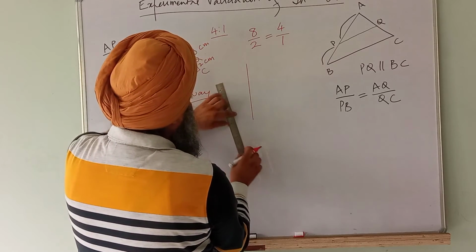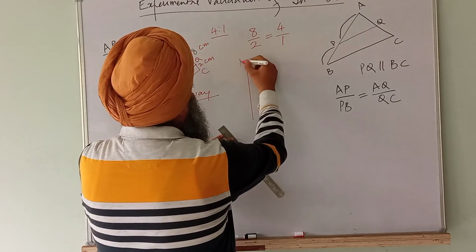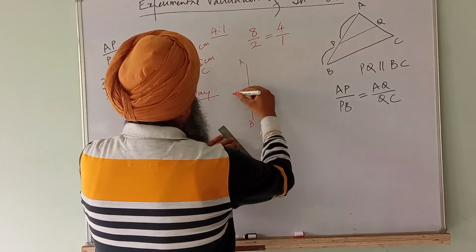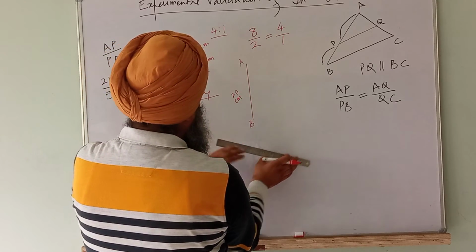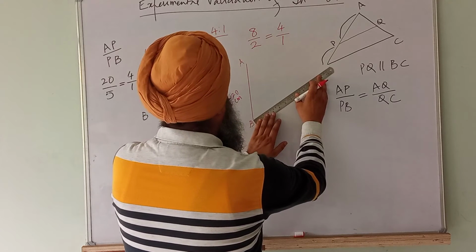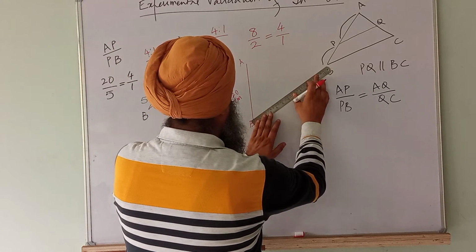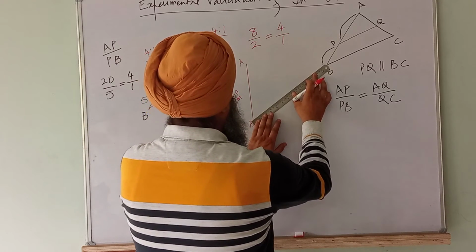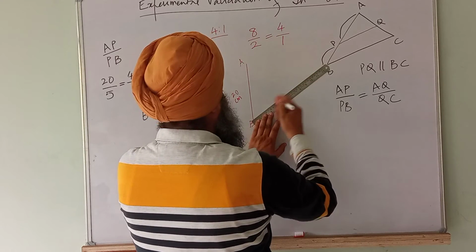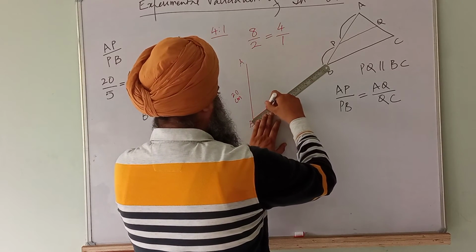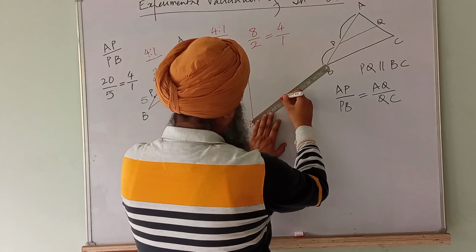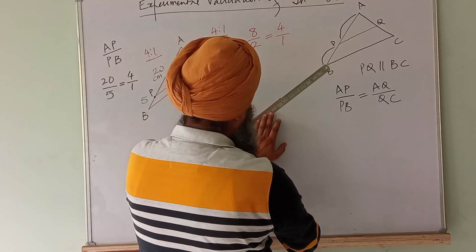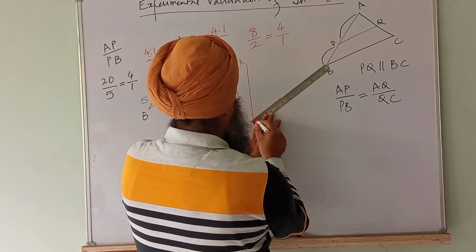Okay. Then I will draw this line AB, which is 20 centimeter. Now I will join one more line, any angle. You can take any angle you want, students. You should do this experiment yourself. Okay, fine.